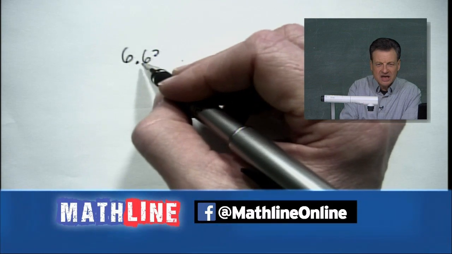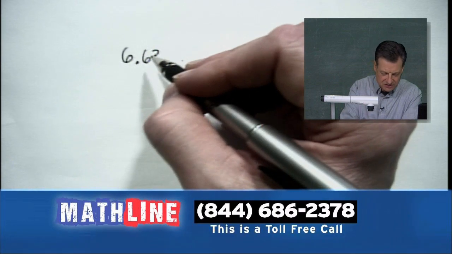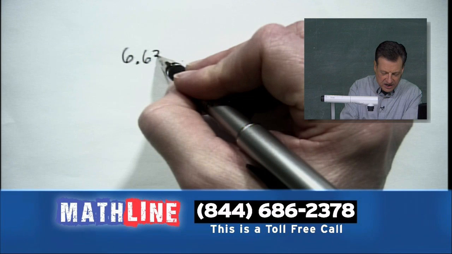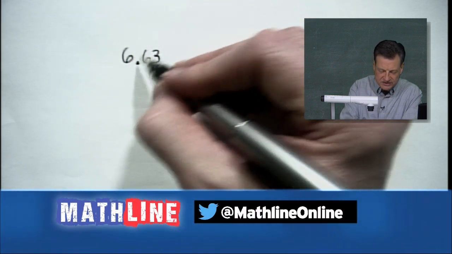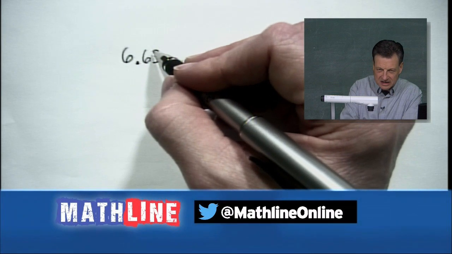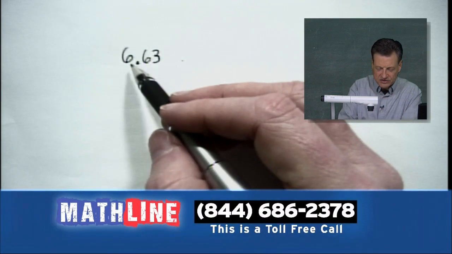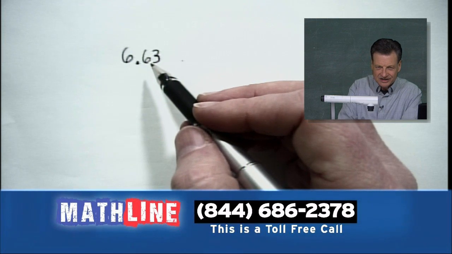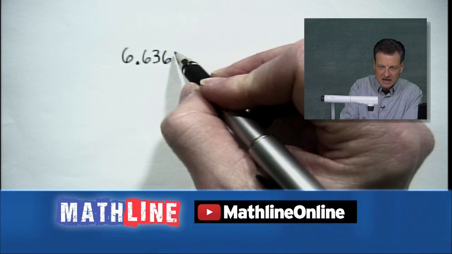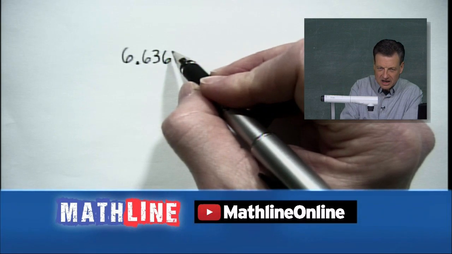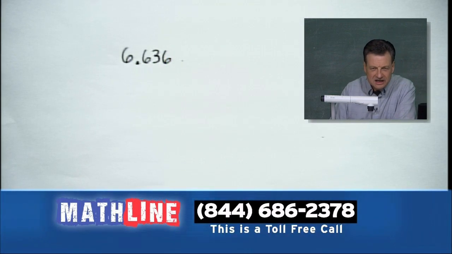You got 6 and you got 0.6, is that right? And there was a 3. No, 6. Oh, just 6.6. That's it. Then 3. Are we good so far? Then 6. Another 6. And another 3? No. Okay, all right.